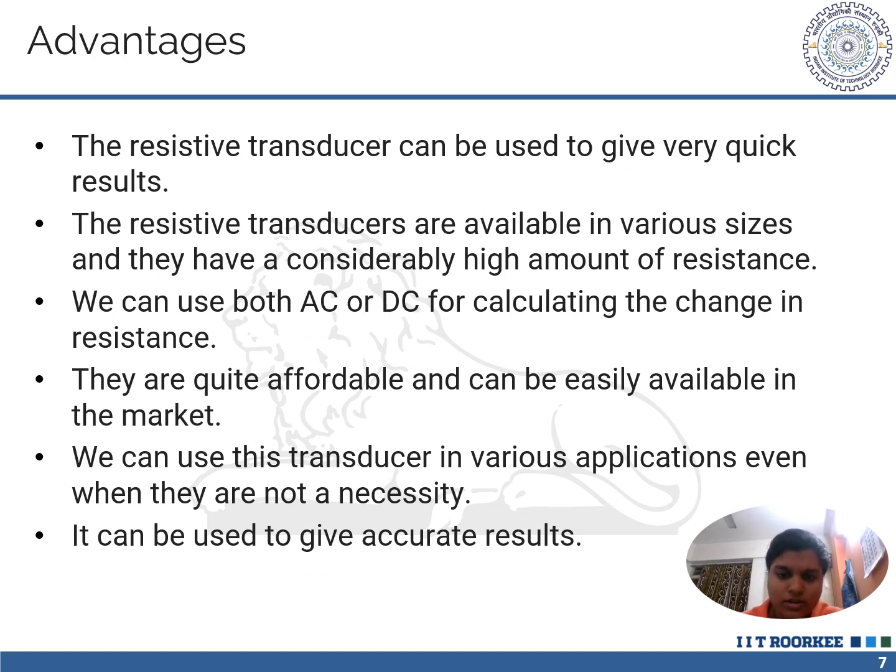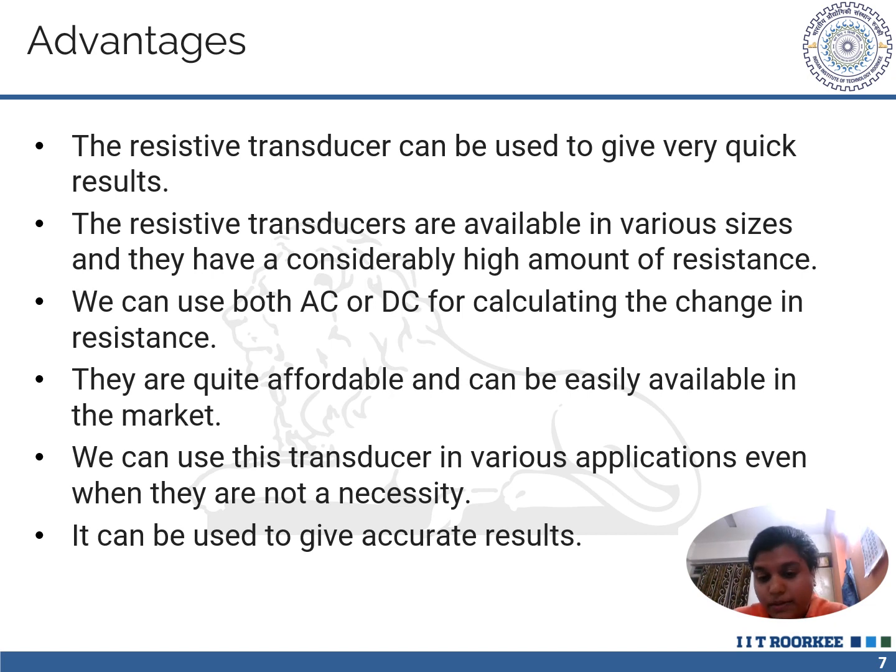And now comes the advantages of the resistive transducer. They give very quick results, are available in various sizes, and have a considerably high amount of resistance. We can use them both in AC or DC for calculating the changes in resistance.